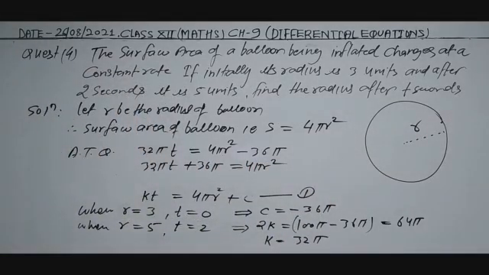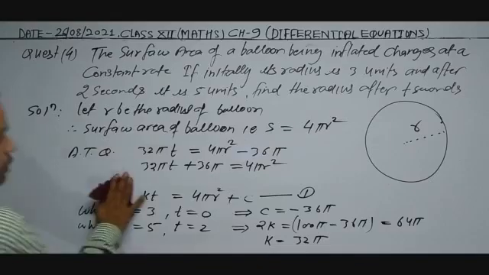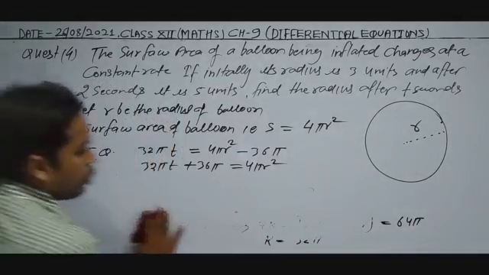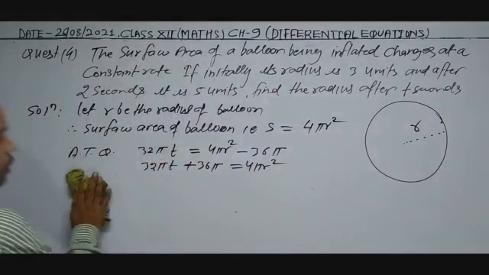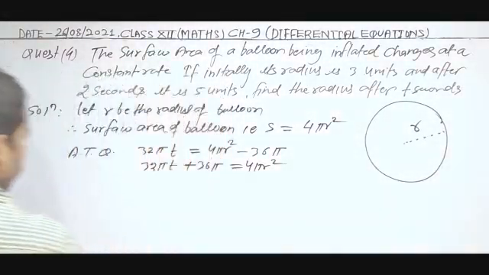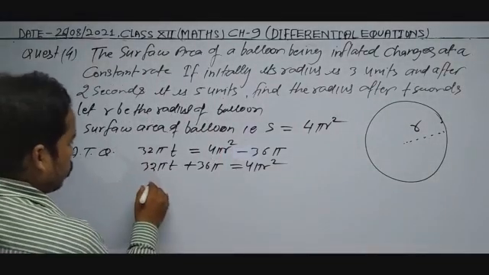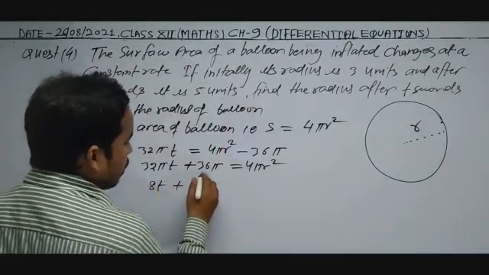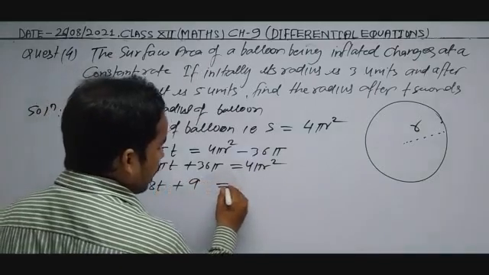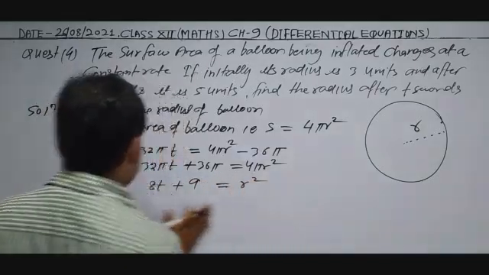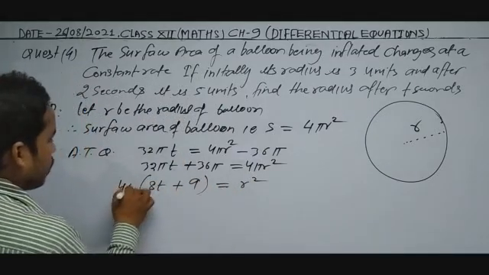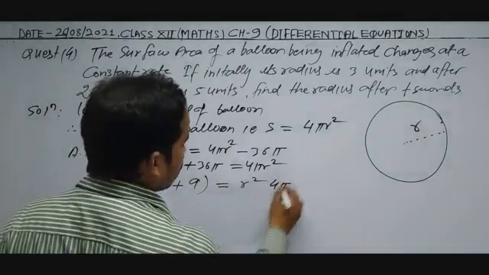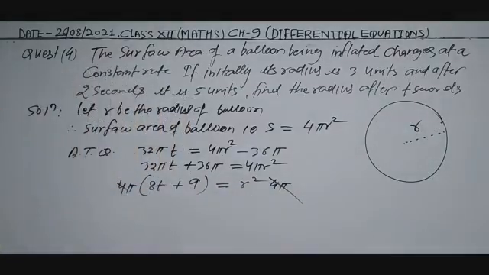Taking 4 pi common from both sides, the 4 pi term will cancel out. So we get 8t plus 9 is equal to r square.